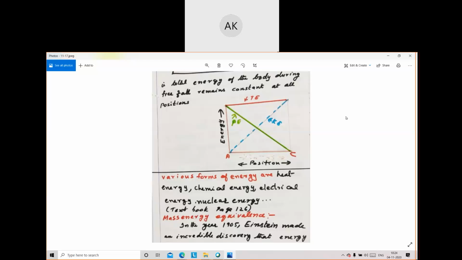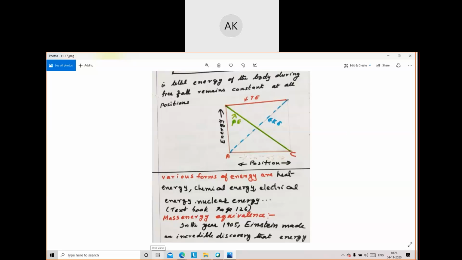What is the expression? mgh. This is gravitational potential energy. The other one is spring: we stretch or compress the spring and the energy possessed in the spring is elastic potential energy. Half kx square is elastic potential energy and mgh is gravitational potential energy.